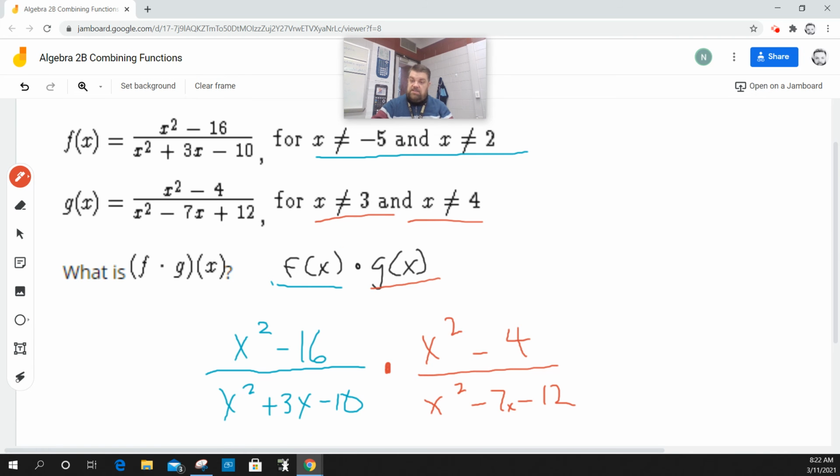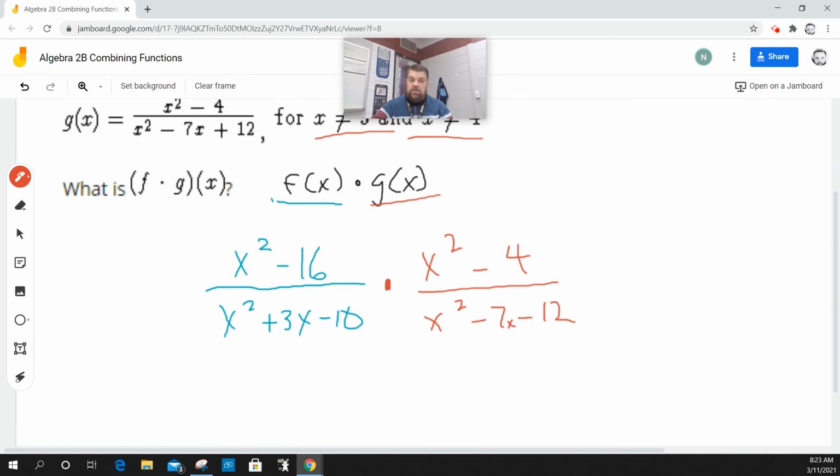Now what that means, first thing that we're going to do before we multiply this out is we're going to do a thing that we call prime factorization. Now these problems are always rigged up so that when you factor them, stuff cancels out.